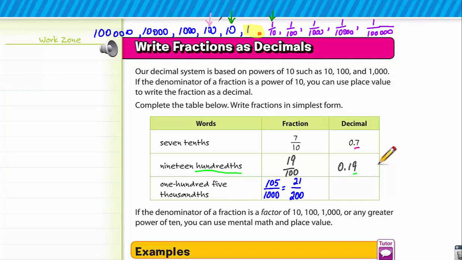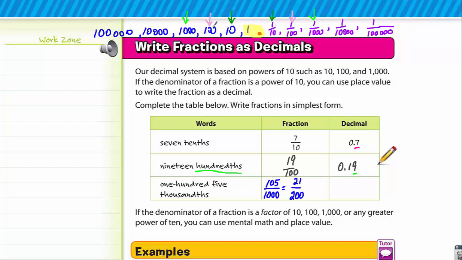And you've got hundreds and you have hundredths. And you have thousands and you have thousandths. So if you're trying to remember what these places are called, just look at this place. Well, one left of the ones is the tens, and one right is the tenths.